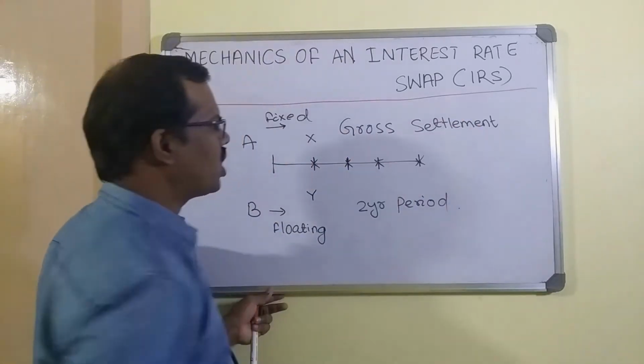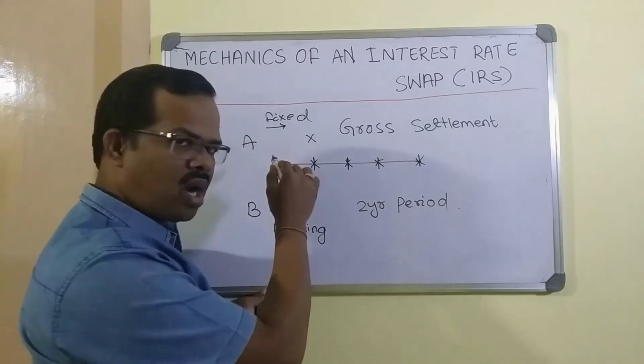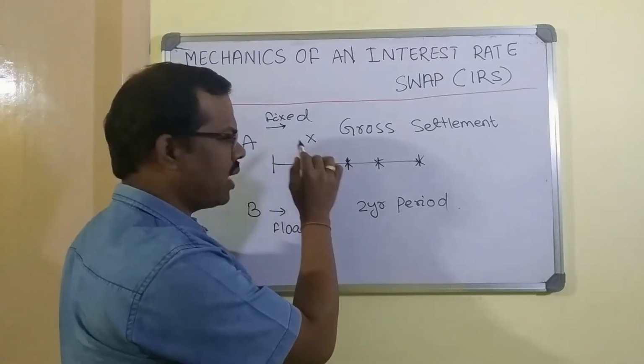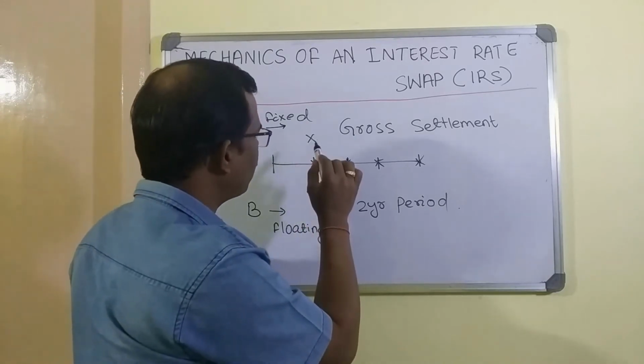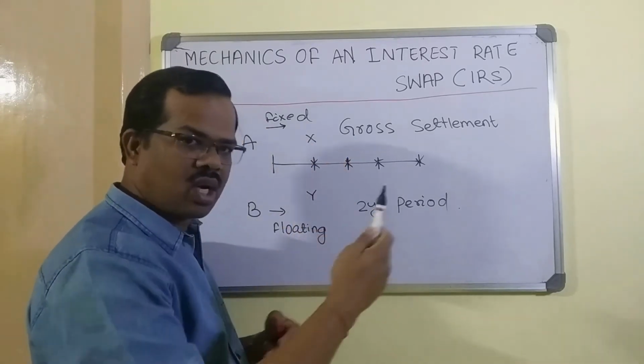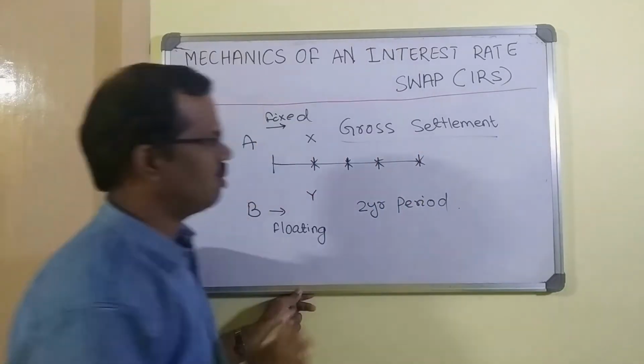The settlement term refers to the payment from one party to another party. Now, when A is paying the full amount and B is also paying the full amount to each other, that type of settlement is called gross settlement.